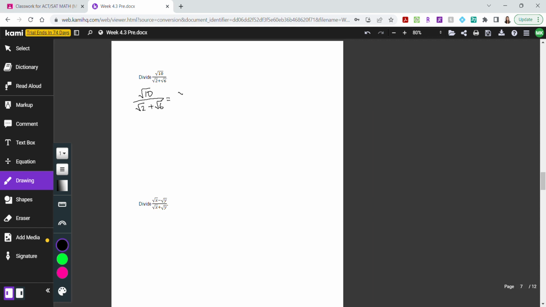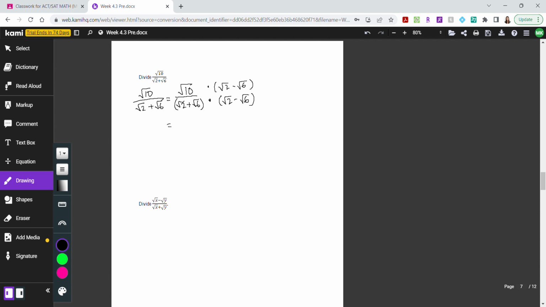In order to solve and make sure that the bottom does not have a radical sign, we would need to multiply the top and the bottom with the conjugate of this, right? And so the conjugate of this would just be the change of sign of the second term. So in this case, it will be square root 2 minus square root 6. And we're going to multiply this to the top and bottom of the fraction.